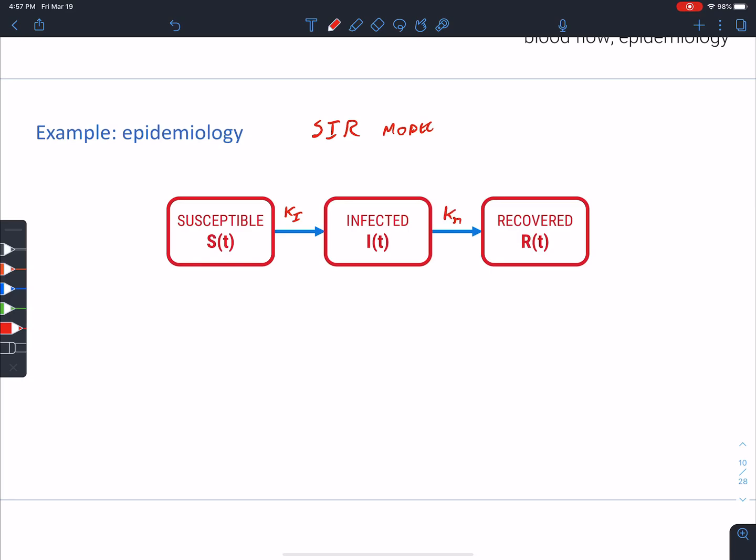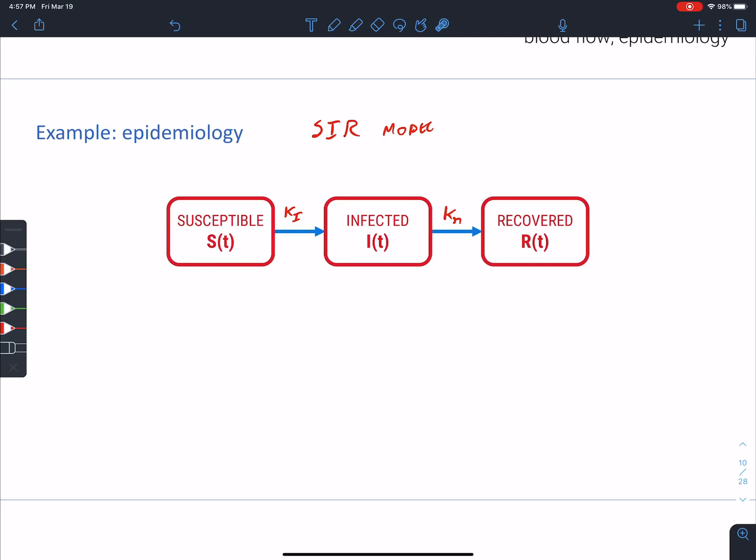So we can call it KR for the rate of recovery, right? And of course, once recovered, the main underlying assumption is that you're not going to get infected again. So there is no feedback loop here, right? So this is a standard system where recovered people are immune.